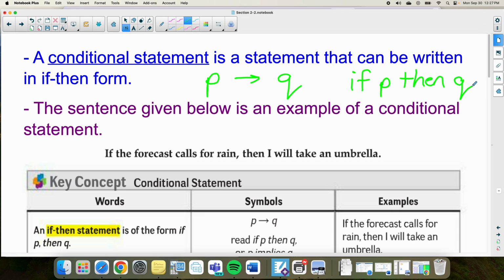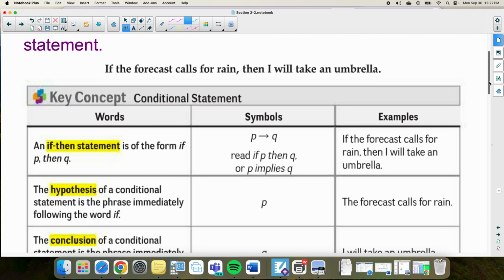Okay? So they are going to give you a statement today, and they're not going to be in if-then form, but you have to put it in if-then form. Then they're going to ask you to say what the hypothesis and conclusion of that sentence is. Now, this is important.